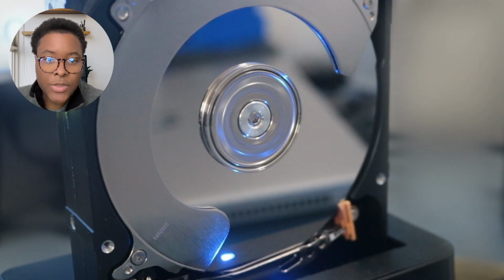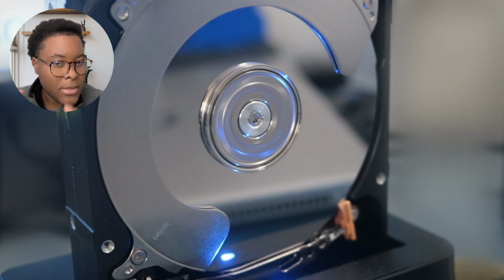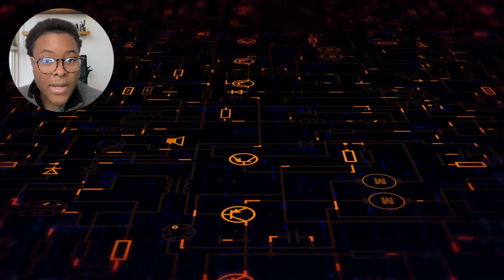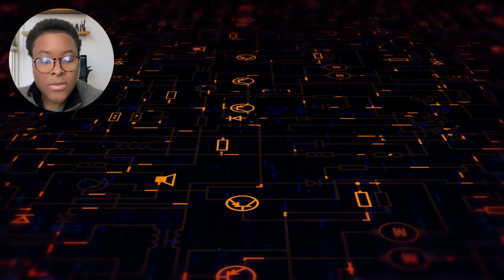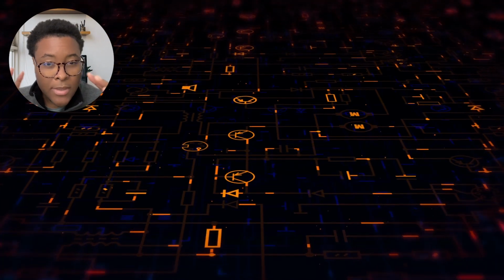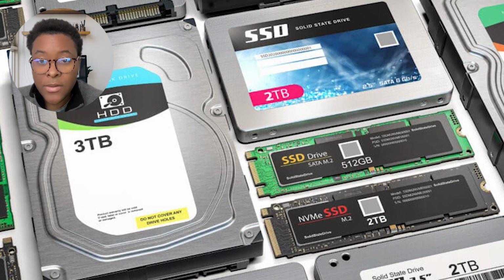HDDs use magnetic storage and are slower but provide more storage capacity per cost. SSDs, relying on flash memory, are faster, more durable, and are becoming increasingly popular for their speed and efficiency. Storage devices store the operating system, applications, files, and other user data.